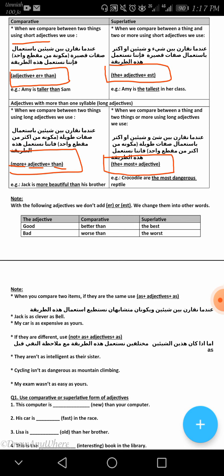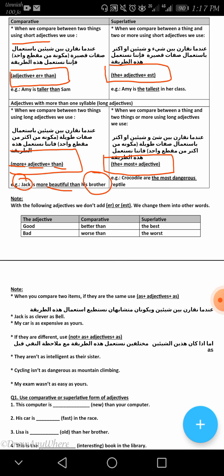Look at this example. Jack is more beautiful than his brother. So, we use Jack and his brother. So, this is comparative. And I look at the long adjective. So, I use more plus than.